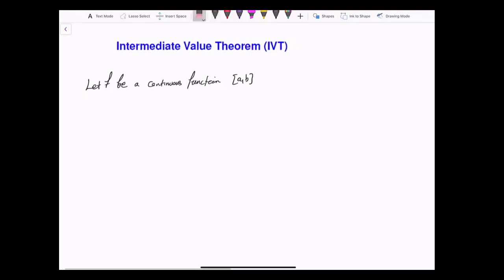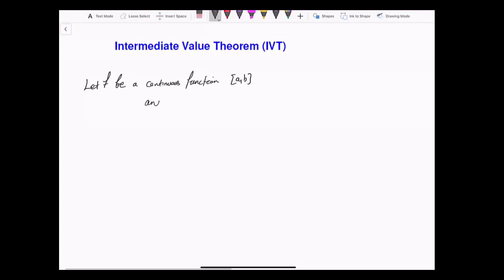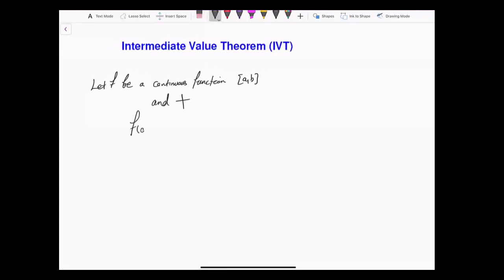And so this is another condition. The value of the function at a is bigger than 0, and the value of the function at the other end is less than 0. Or it could be the other way around. So the values of the function at the two endpoints have different sign, or f of a is negative and f of b is positive.